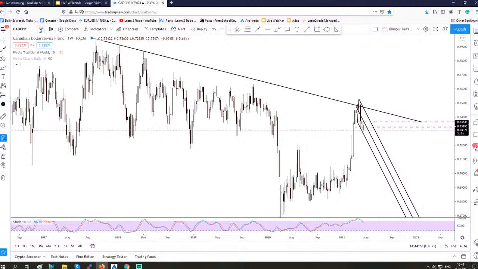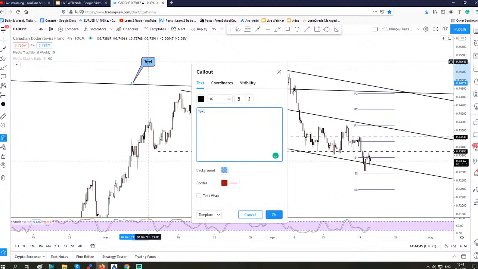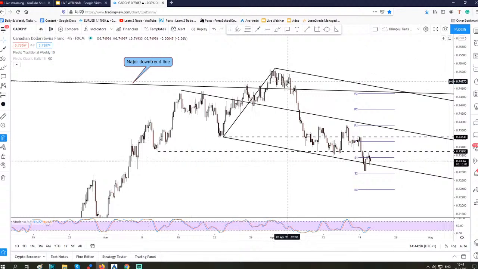One moment guys, sorry for this. So major downtrend line. Okay, only a false breakout.